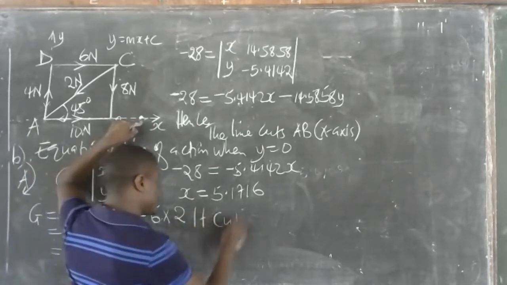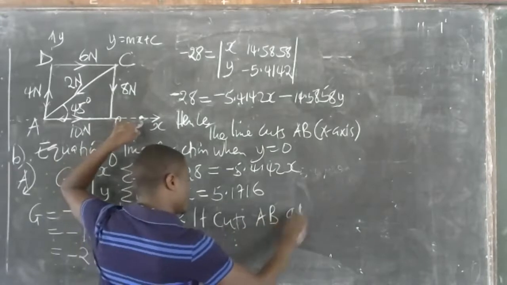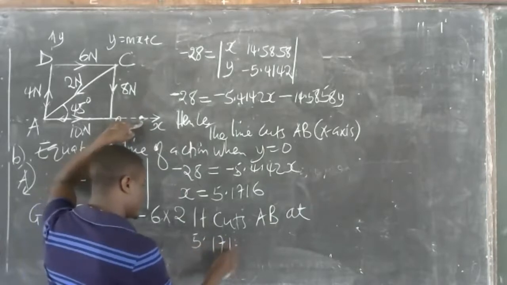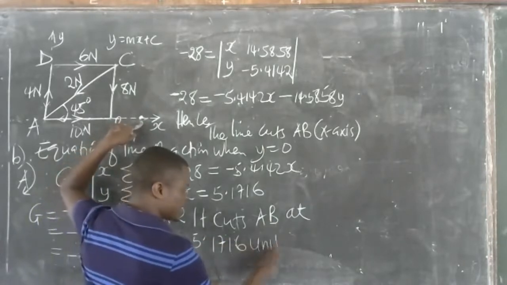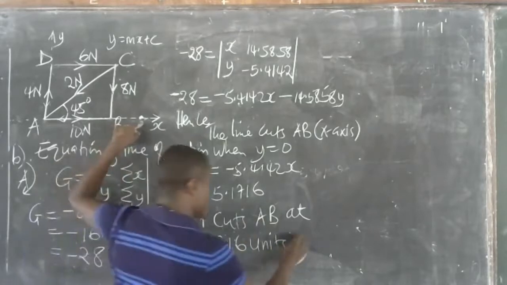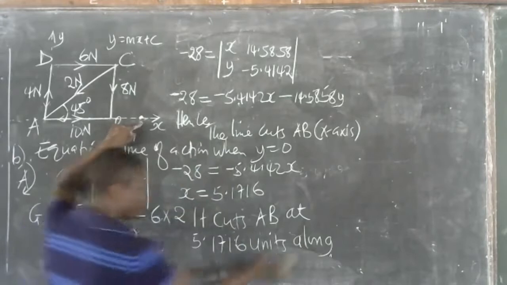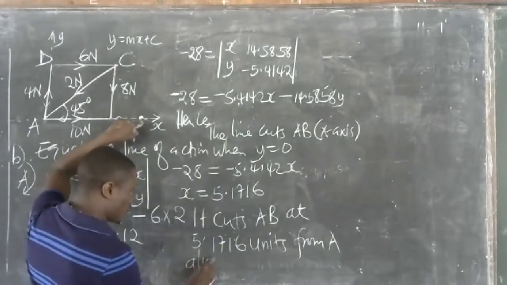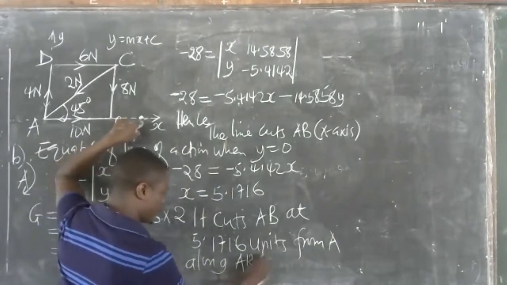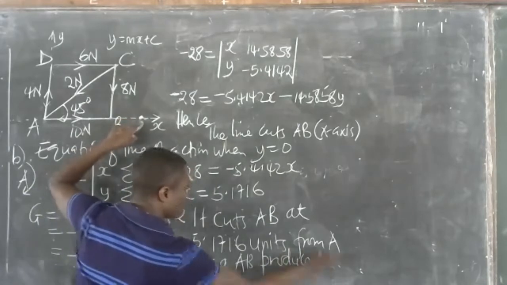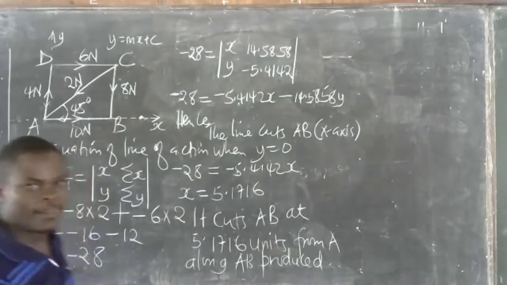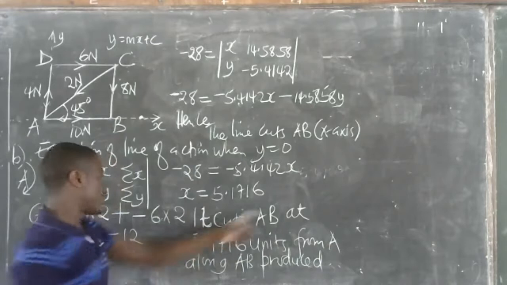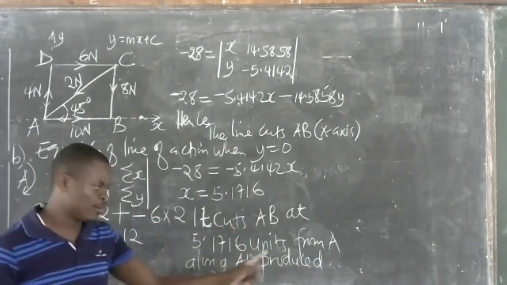So we say it cuts AB at 5.1716 units, because they do not give us the units, units from A along AB produced. It cuts AB at these units from A along AB produced.